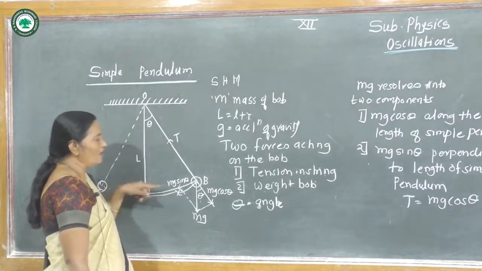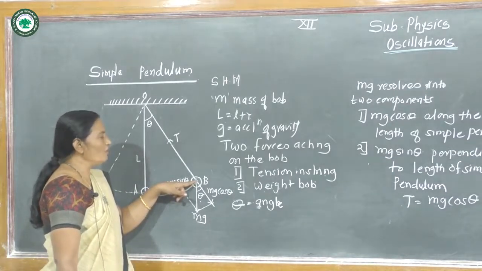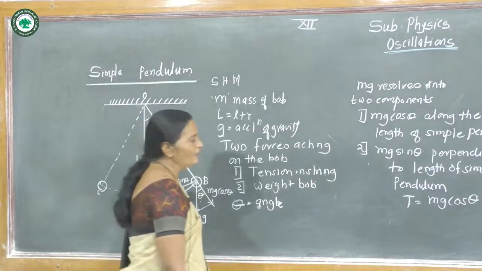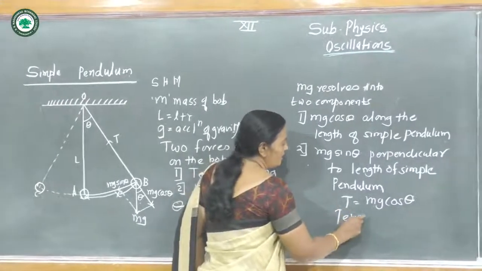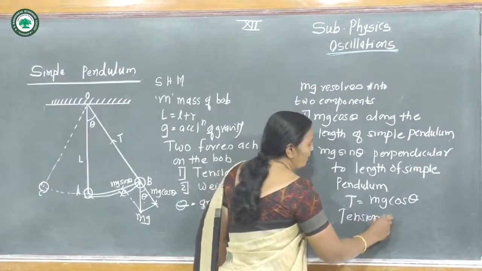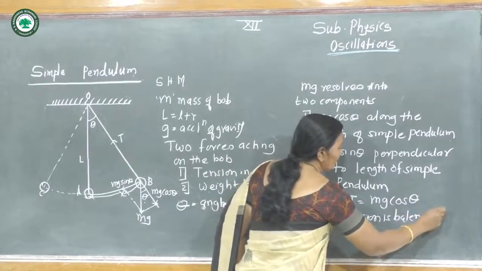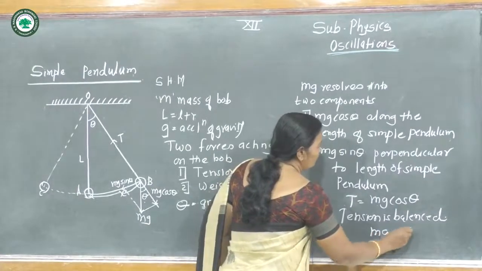Hence we can say that there is a restoring force which acts on the bob and tries to bring it towards the mean position. That is, the tension is balanced by mg cos theta, and it cancels out.